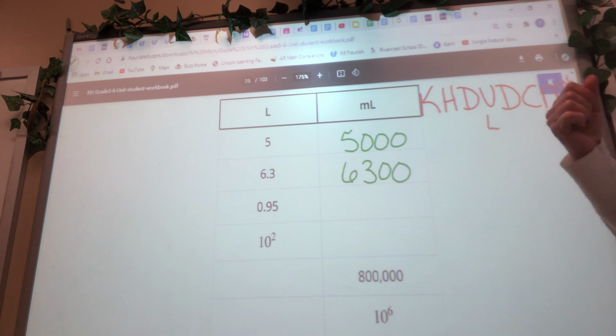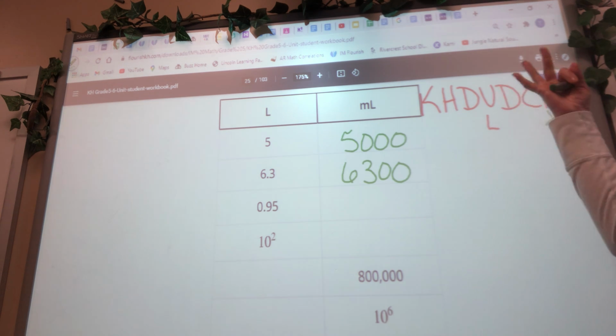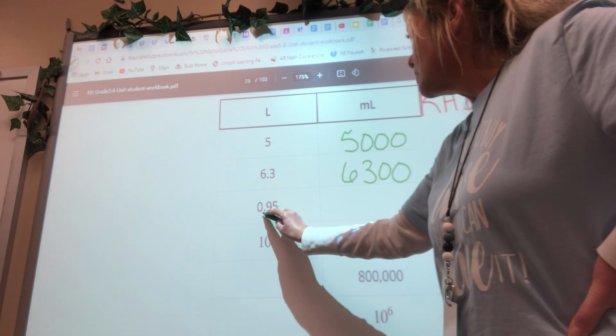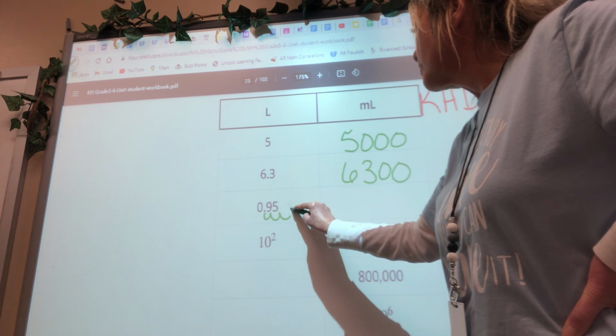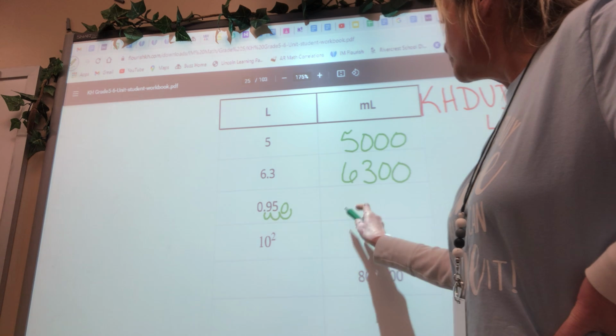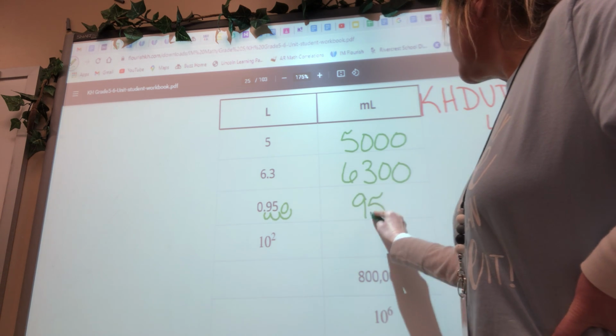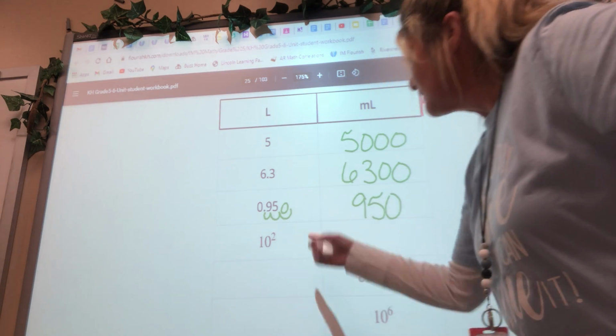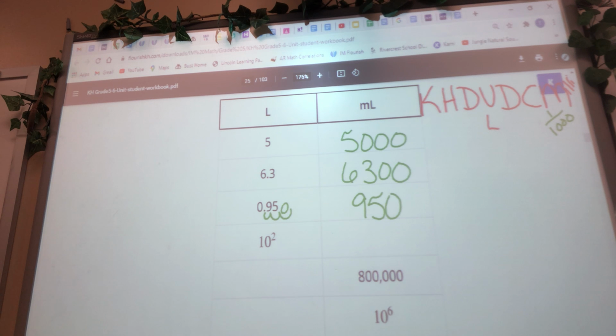Next, 9.5 liters. We're still moving 3 multiples of 10 because we're still going to milliliters. So 1, 2, 3, 1 empty drop loop, 9,500 milliliters. And then they give us this weird one.